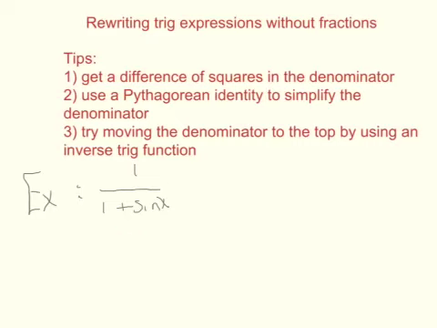We're going to do an example of this with a new problem, 1 over 1 plus sine x. So let's get started. Alright, so up top we have our example here. My first step, which I wrote in the tips down below for you to use if needed, is to get a difference of squares in the denominator.